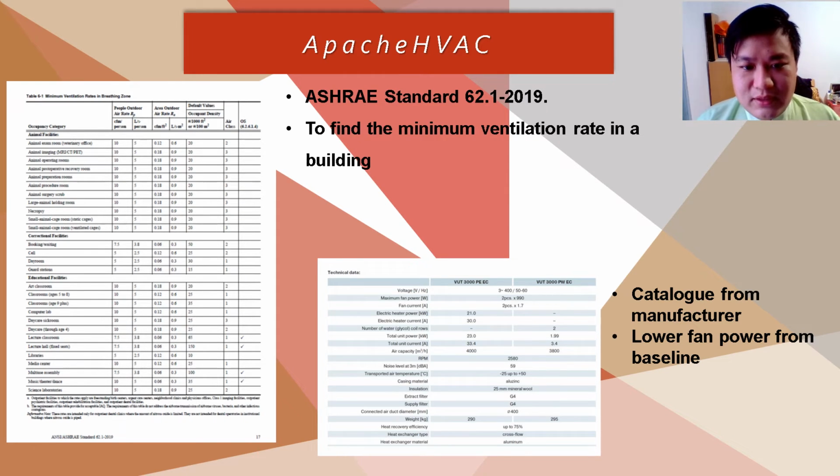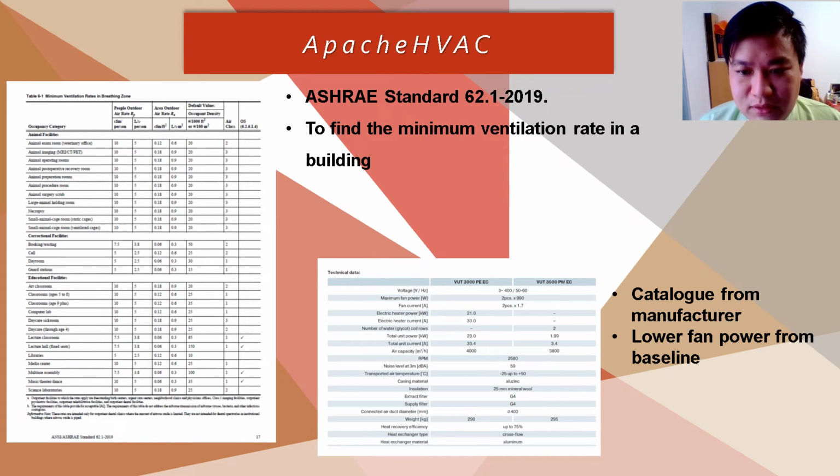The other table is a catalog from the manufacturer. For this table, we have the minimum airflow rate, and then we will compare it with the fan power, which is 0.55. In the ASHRAE standard, we have the airflow rate of 1011.52, and the fan power is 0.7.